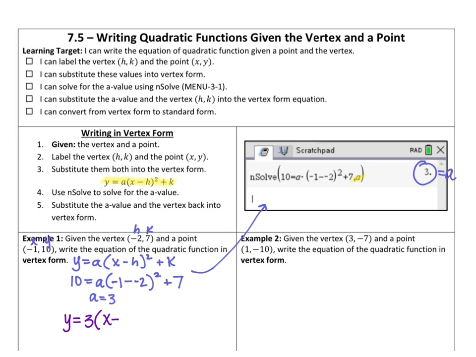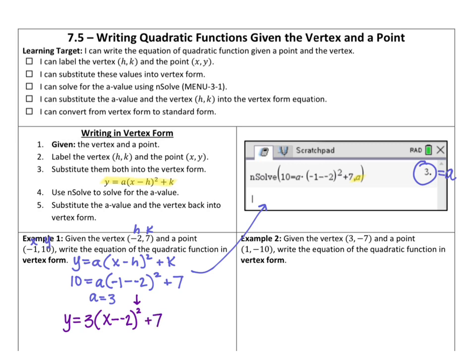So x minus negative 2, which can also be written as x plus 2, parentheses squared. Do not forget that squared, right, guys? Do not forget that squared. That's super important. And then plus 7.